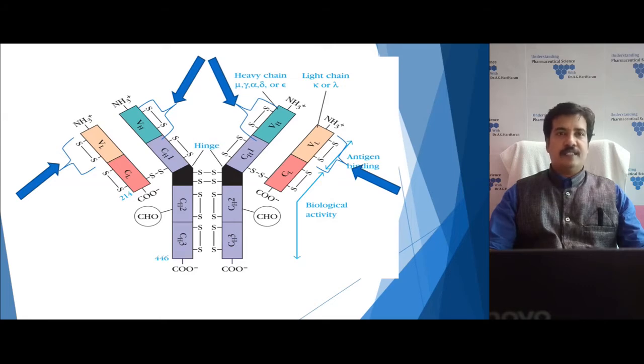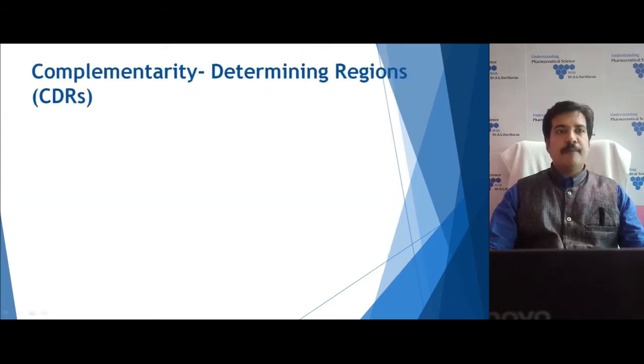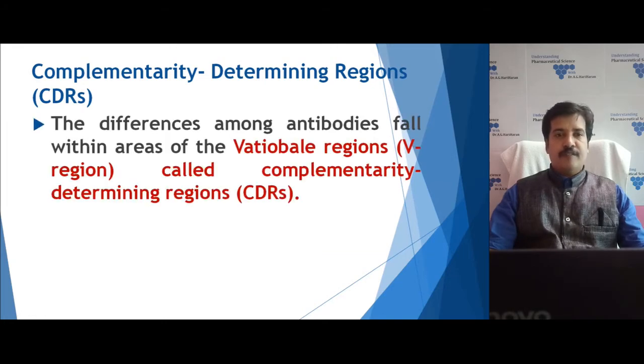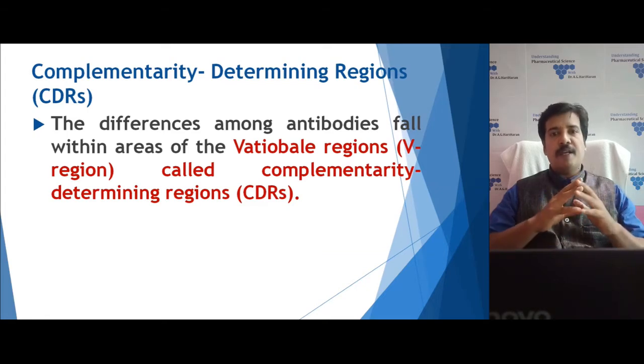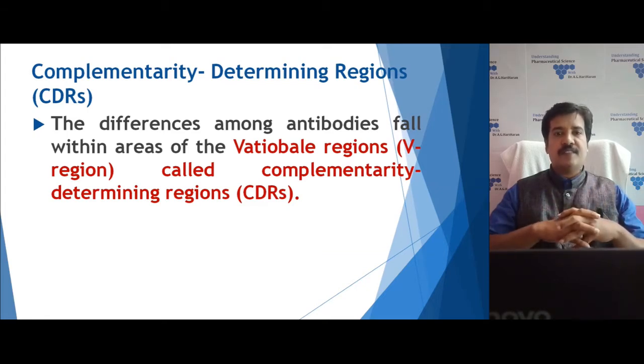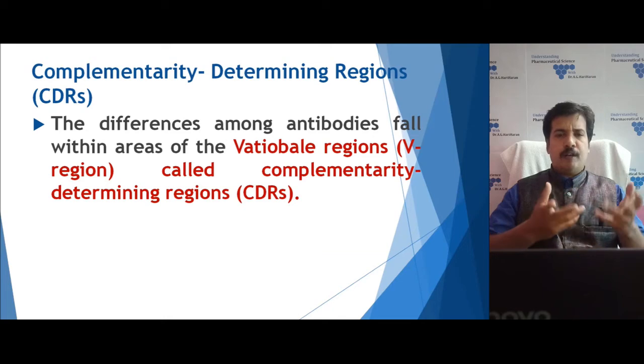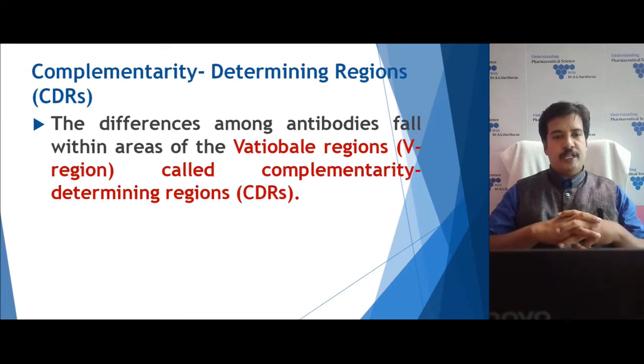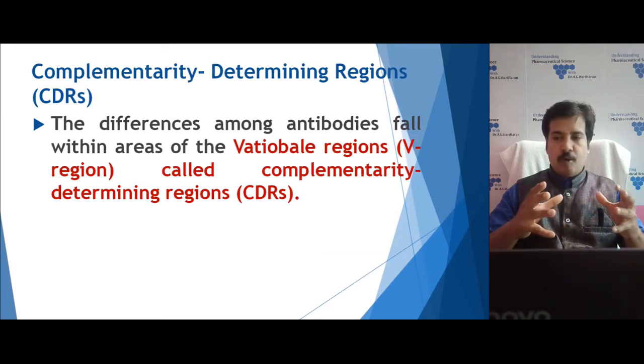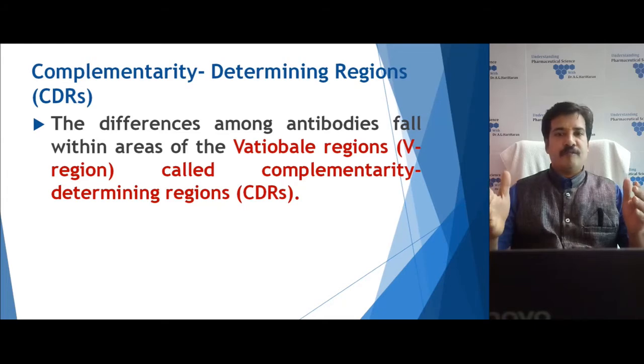This variable region is important for the complementarity determining regions. The differences in amino acid sequence present in this variable region, which we can also call the hypervariable region, bind complementarily with the epitope of the antigen. That's why we call this a complementarity determining region.